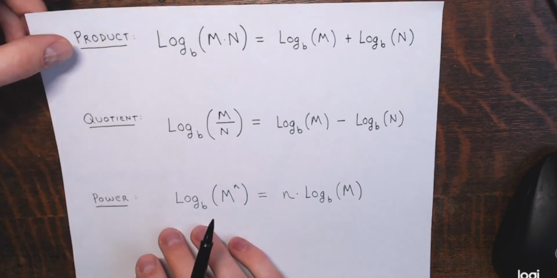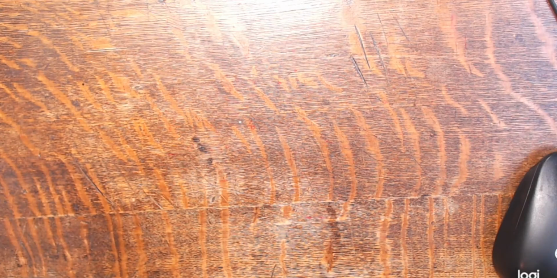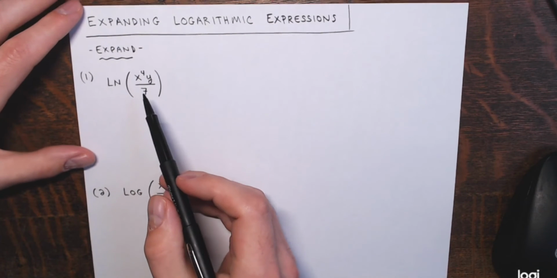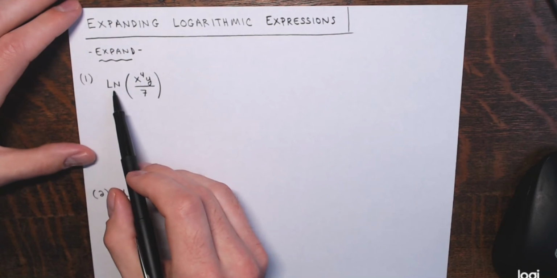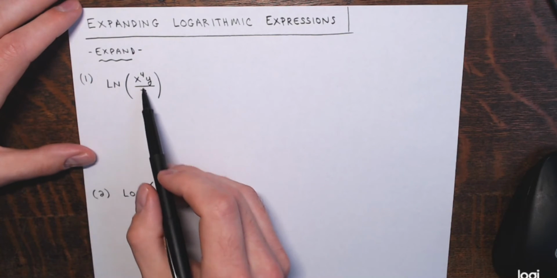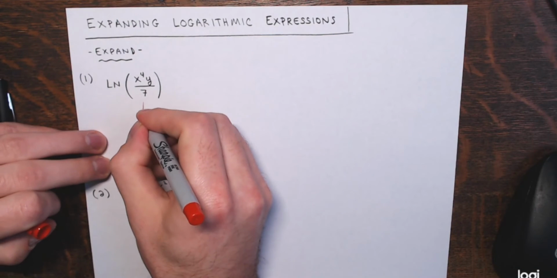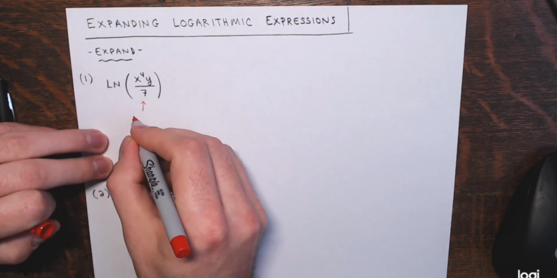All right, so the first example I have is the following. We have the natural log. Remember, this is log base e. And then my input is a fraction, a quotient, with a single numerator and denominator.